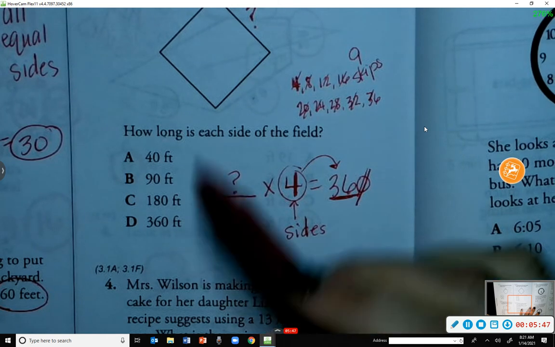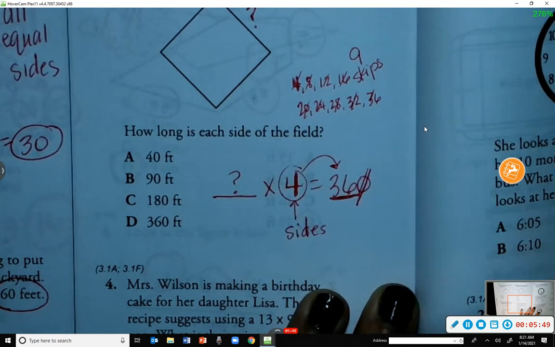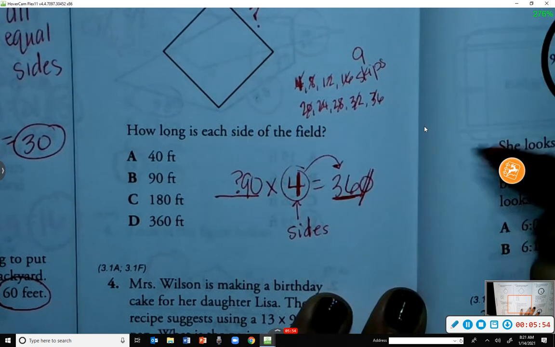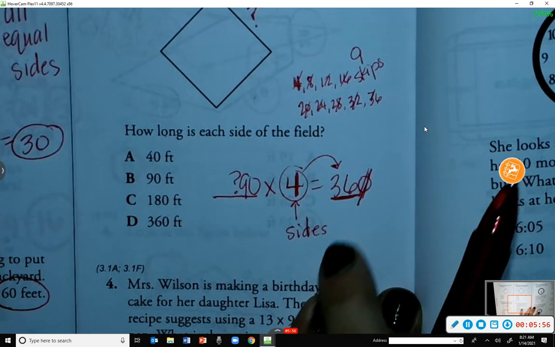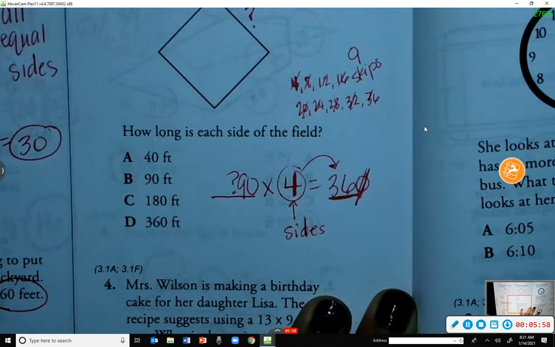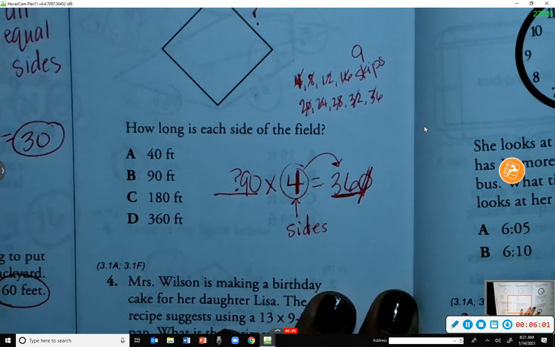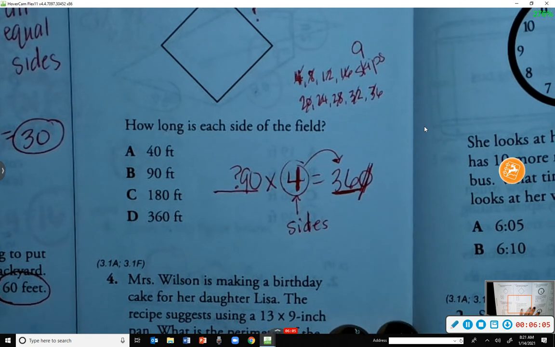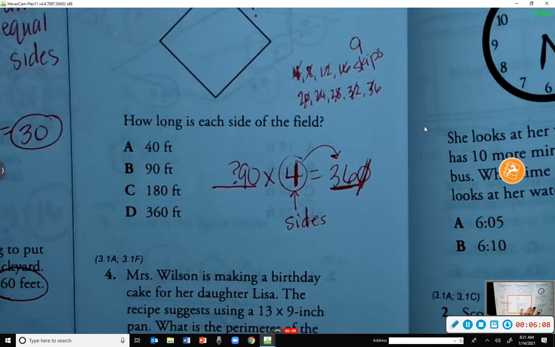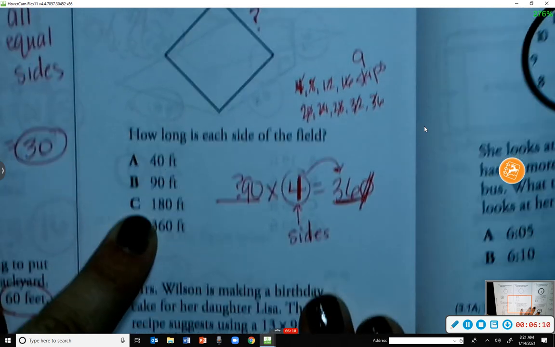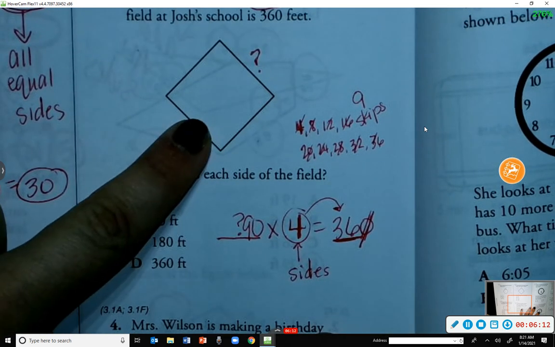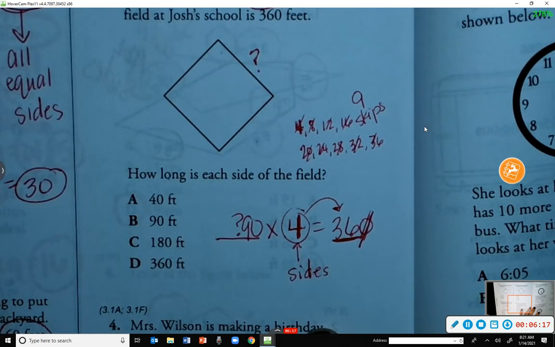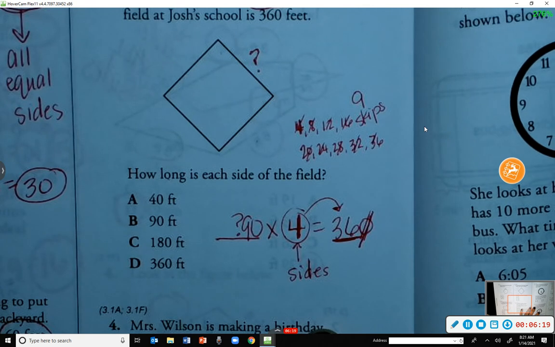Do we see a number here that has a 9? Yes, so it's 90. I took out the 0, so I could just skip to 36. Okay, so you could have done it that way, multiplying by 4, or you could have used your answer choices. Just plug those in, 40 plus 40 plus 40 plus 40, or 40 times 4. See if that gives you 360. 90.